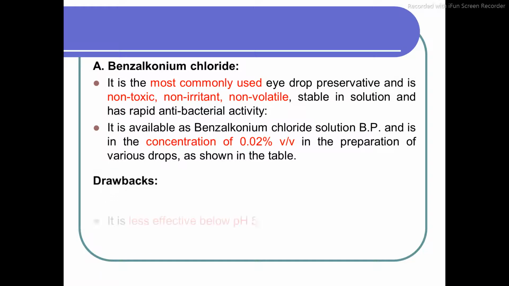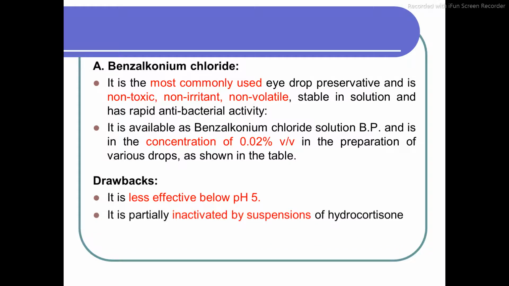What are the drawbacks of benzalkonium chloride? It is less effective below pH 5. So whenever we are dissolving it, we first have to make sure that the pH of the solution is more than 5, because below pH 5 it will not show its antibacterial effect.